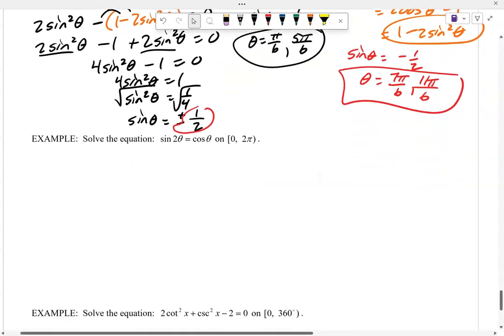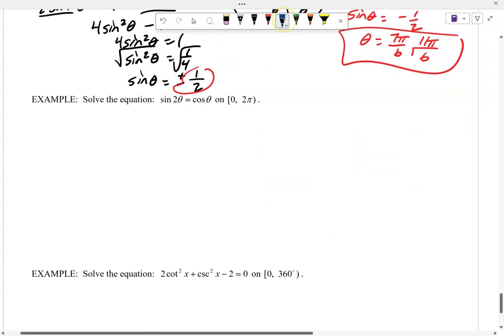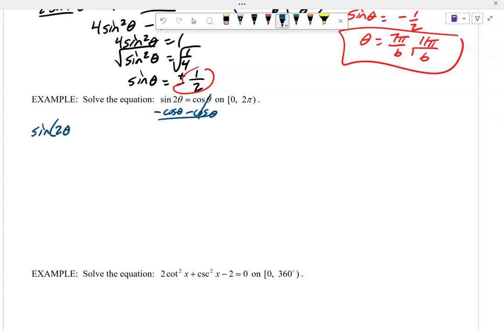Similarly, on this next one, we got sine of 2 theta equals cosine of theta, and I'm going to go ahead and take this cosine to the other side first. So we have sine of 2 theta minus cosine of theta. Again, I have a double angle formula for the sine of 2 theta. The double angle formula says the sine of 2u is 2 sine u cosine u, right?